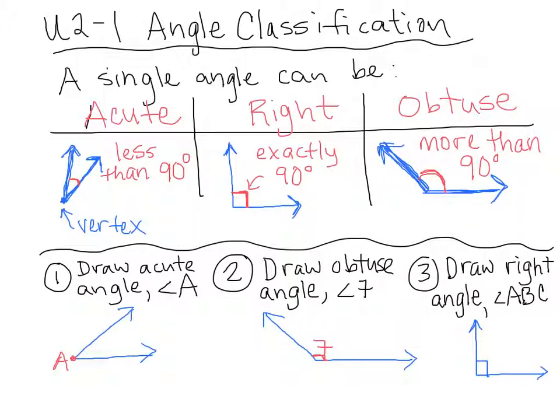Now to correctly label this, each of A, B, and C represents a point, okay? Now this middle letter of the 3 always is the label for the vertex. That has to be B. A and C represent points, one on each ray.